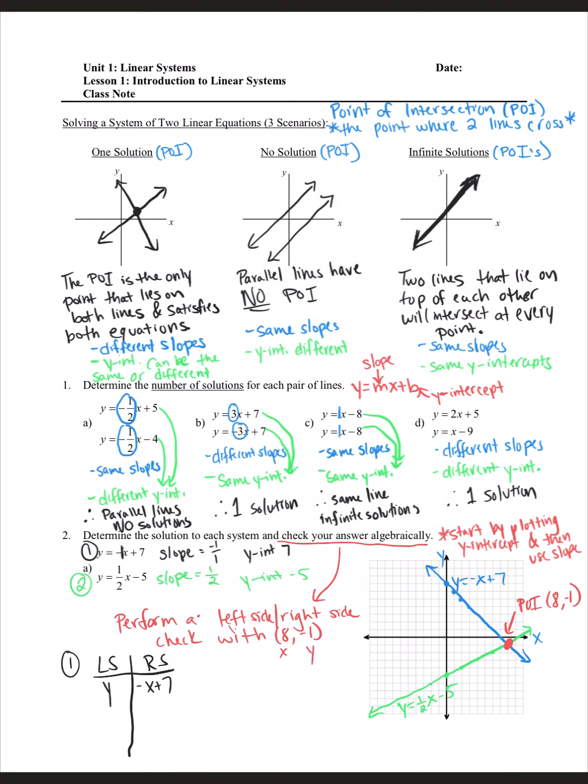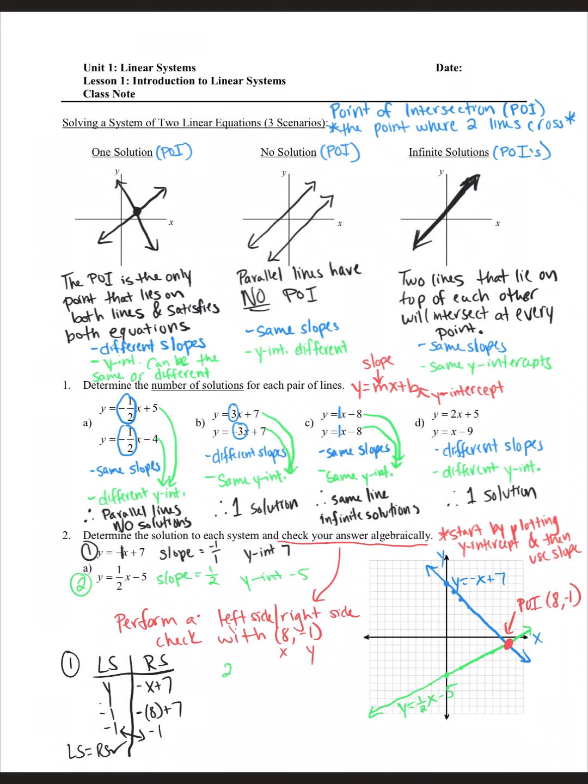So instead of a y here, I'm going to put a -1, and instead of an x on my left, I'm going to put in an 8. So on the left side, that -1 just continues down, and we have a -8 plus 7 is going to equal a -1. So you can see that those two values are the same. They equal each other. So for equation 1, the left side does equal the right side. So you can say, yep, that checks out.